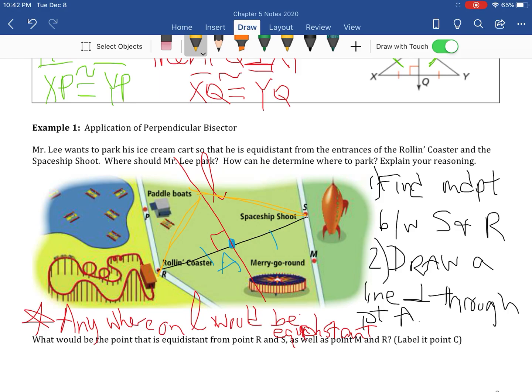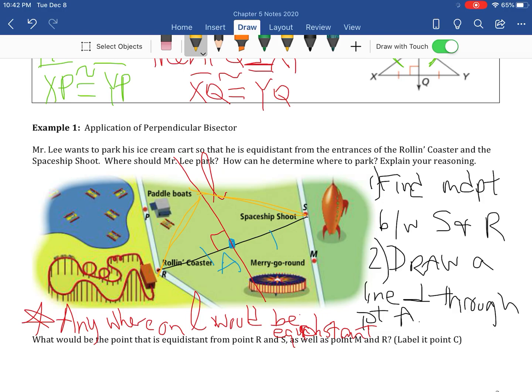Now, what it's saying here is what would be the point that is equidistant from point R and S, okay, so again, anywhere on this line, as well as point M and R, right?